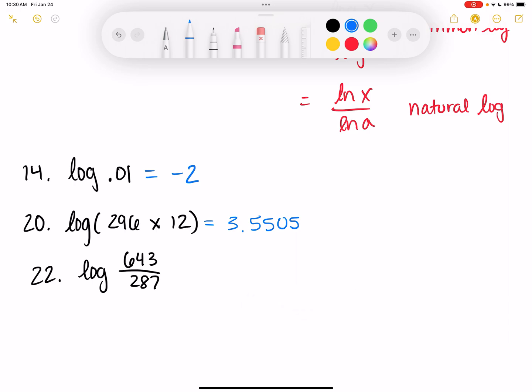And then this next one, we do log of 643 divided by 287. And since it's just these 2 things in here, we don't need to do the little fraction option. We can literally just do the division symbol. Just make sure you close that parentheses so it knows that everything is happening inside. And when I do that, I will get 0.3503.